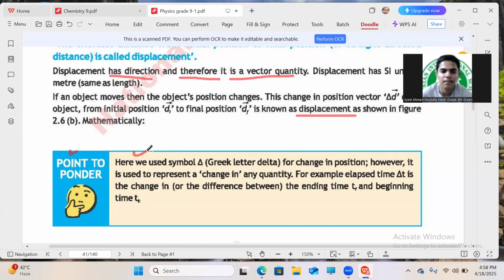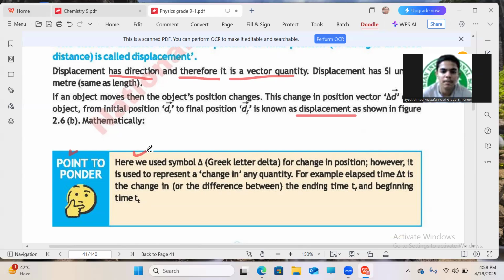However, it is used to represent a change in any quantity. For example, elapsed time, delta t, is the change between the ending time, tf, and the beginning time, ti.